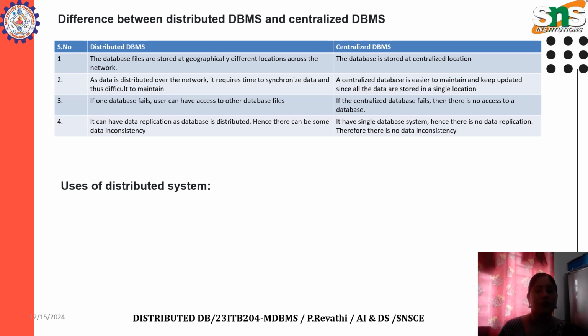Uses of distributed database management system. A distributed database in DBMS is primarily used to achieve high availability, scalability, and fault tolerance by storing data across multiple geographically dispersed computers.